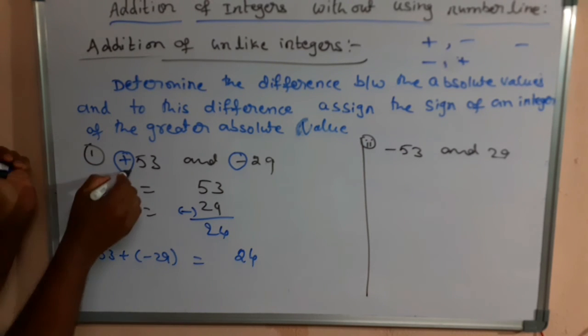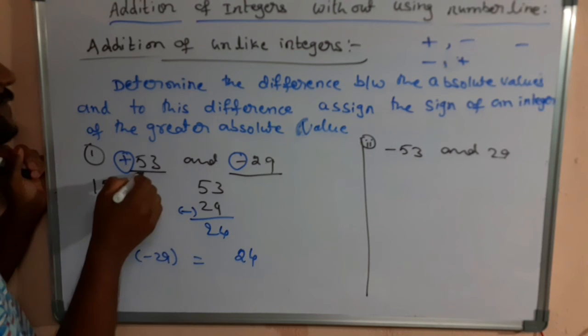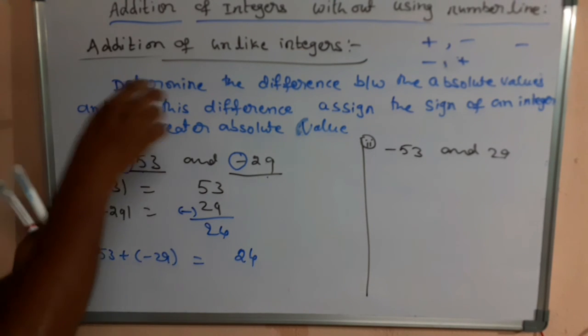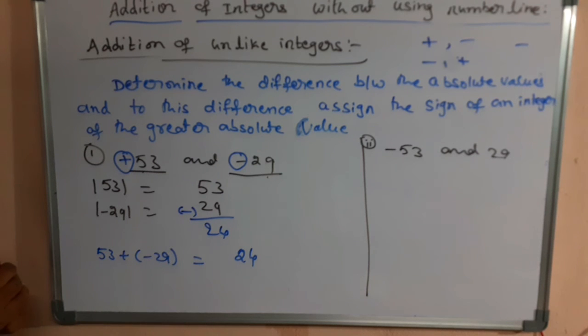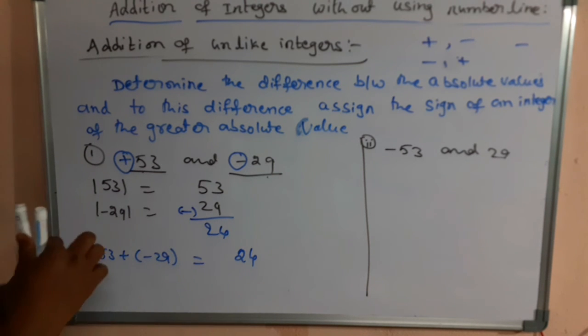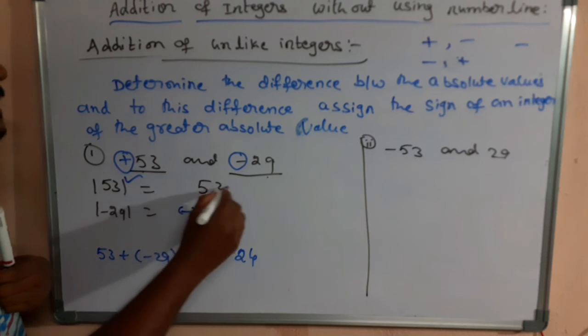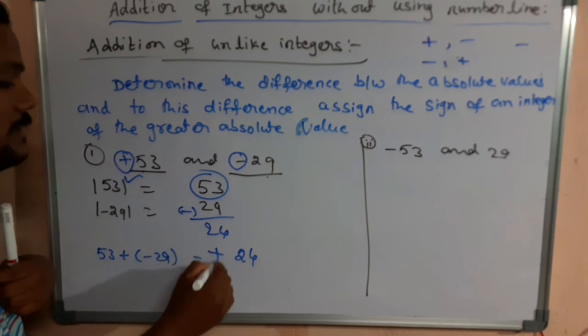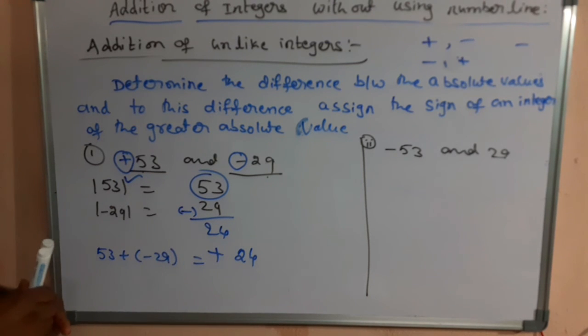Here we are given the two integers plus 53 and minus 29. Which integer has the greater absolute value? Yes, you are correct, 53 has the greater absolute value. For 53, what sign do we have? Positive. So the answer will also be positive.